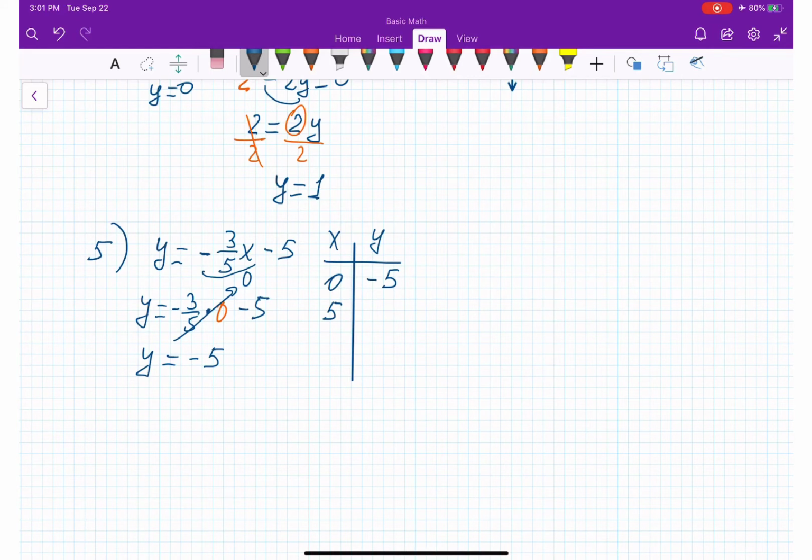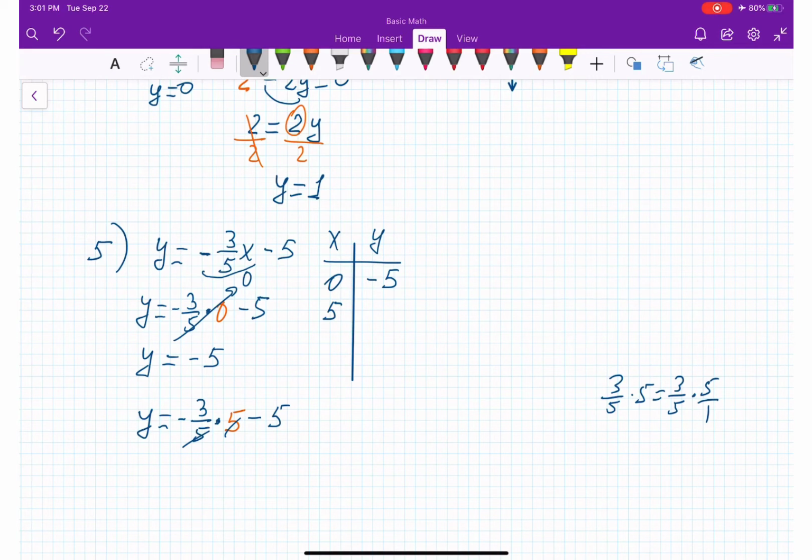Okay. So what do I have? I will have y is equal negative 3 over 5 times 5 and minus 5. Okay, so when we multiply, this is gonna cancel. Why? Because 3 over 5 times 5 is equal 3 over 5 times 5 over 1, right?